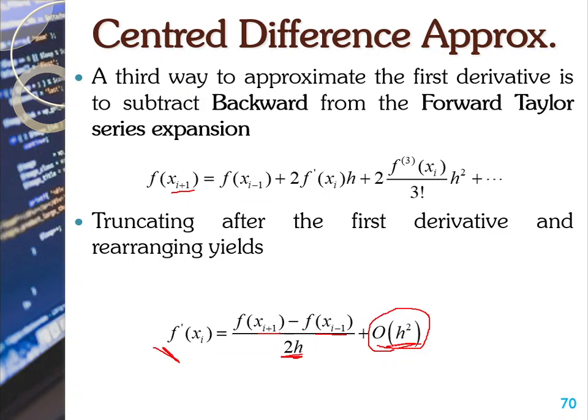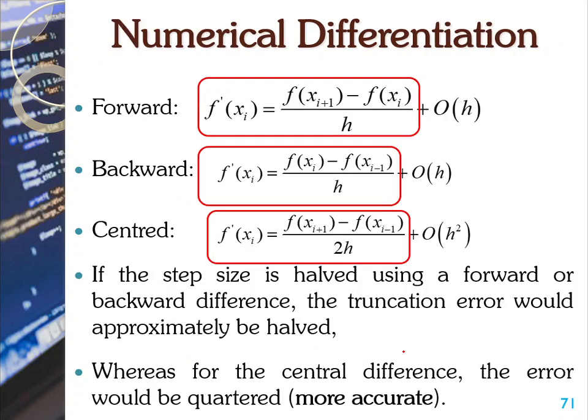In the case of the forward and the backward, it means that any time that we halve the step size, we are in a way reducing the error by half. But in the case of the centered differencing, because of this notation that we have in here, which is h squared, it means that any time that we halve our step size, in effect, we are reducing our error by about 4. So this is basically what this term really means, and we are going to demonstrate this really soon.